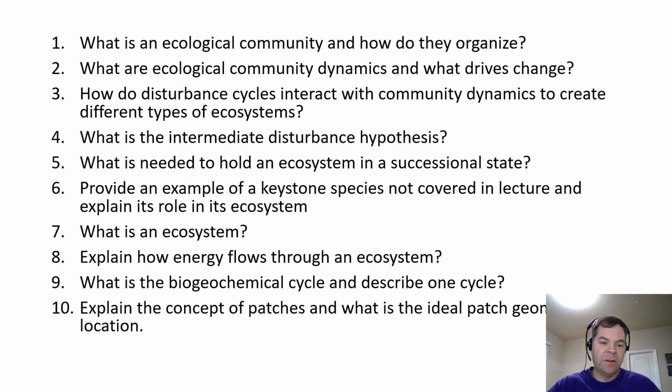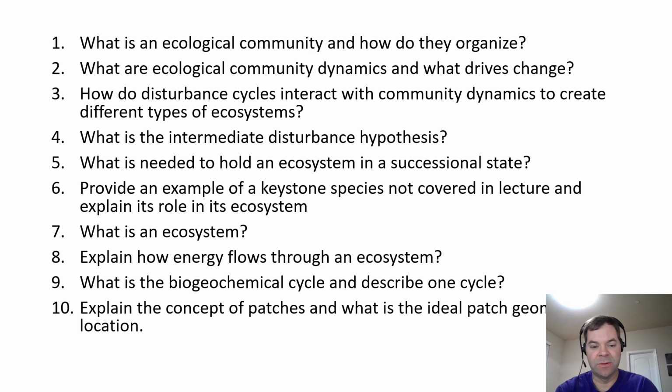So an ecological community is a group of interacting species that are living in the same place at the same time. They organize through 4 different ways. They organize through environmental tolerances. They organize through the ability to access the site, to travel to the site.